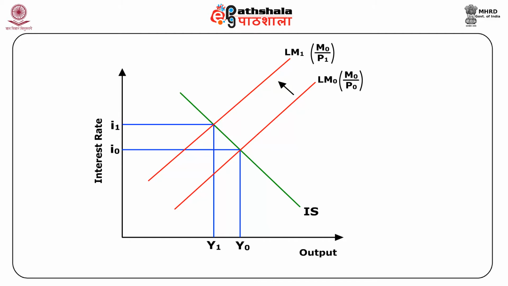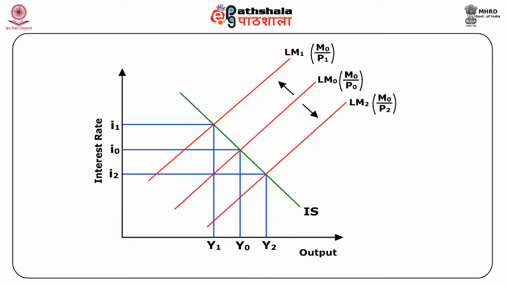In contrast, a decrease in price level from P0 to P2, ceteris paribus, acts like an expansion in real money supply and shifts the LM schedule to the right to LM2. Note, in these cases, for LM0, LM1 and LM2, the nominal money supply is unchanged at M0.